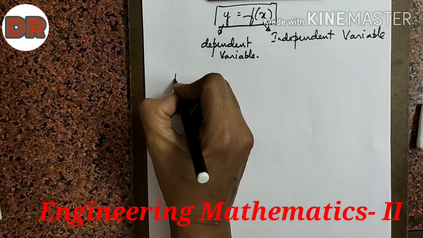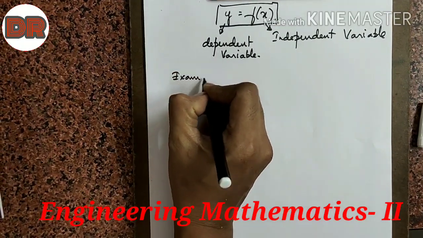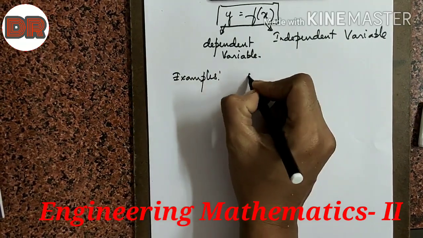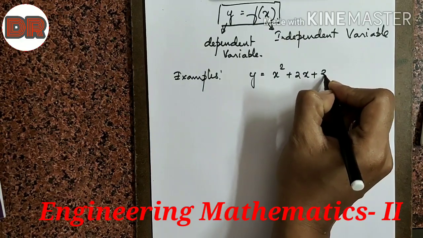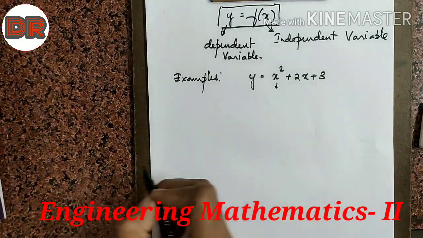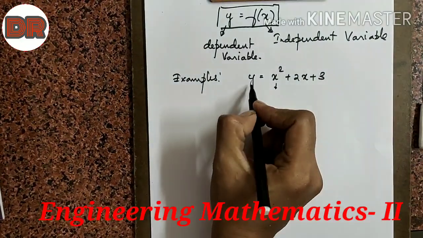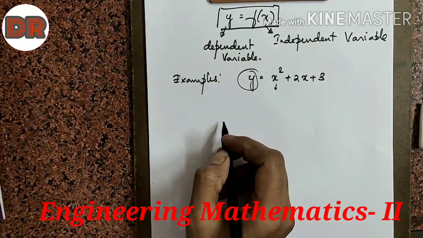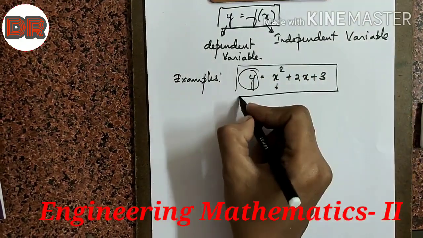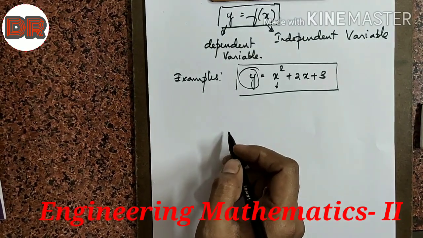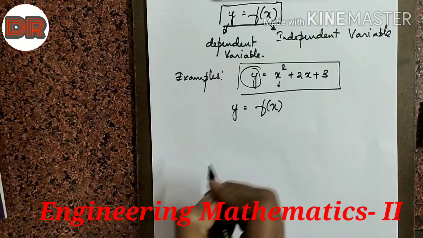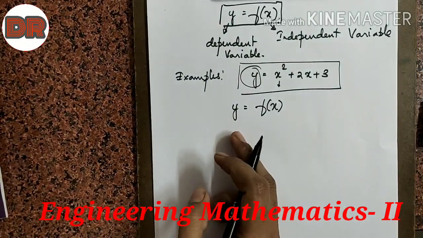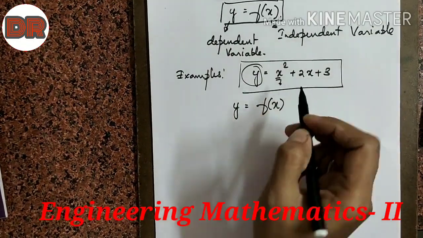So for example, if I write y is equal to x square plus 2x plus 3, here x is the independent variable and y is the dependent variable. So we can tell this is an equation, f of x is equal to y, or y is equal to f of x, or we can say y is an equation in terms of x.